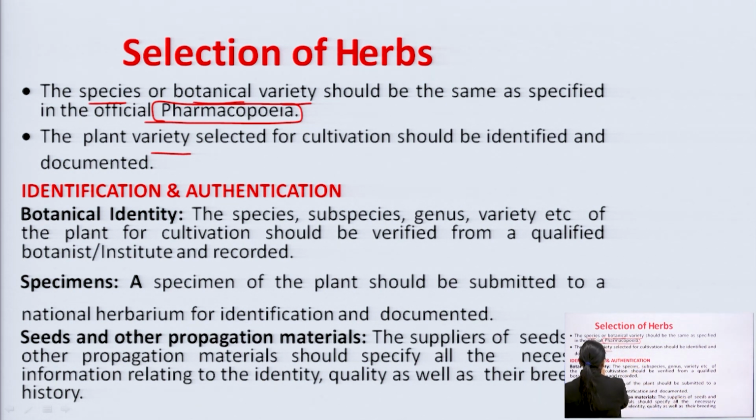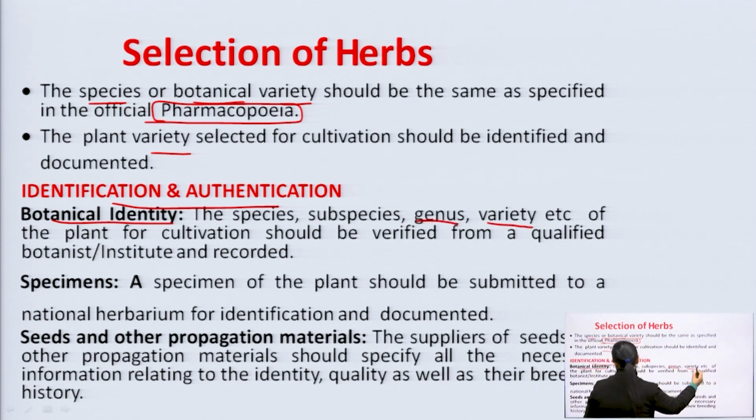Identification and authentication. Now, if we talk about the botanical identity, the species, subspecies, genus, variety of the plant for cultivation should be verified from a qualified botanist or institute and they are recorded.